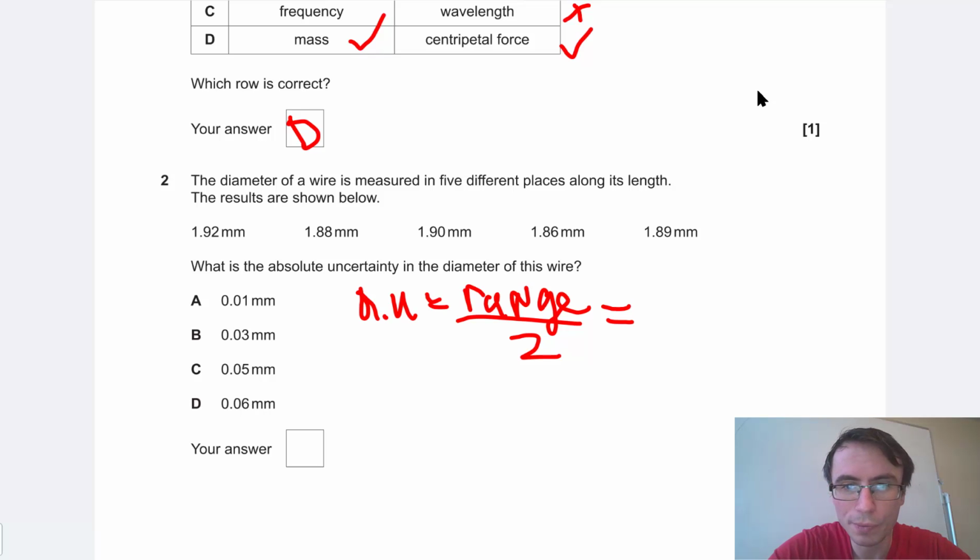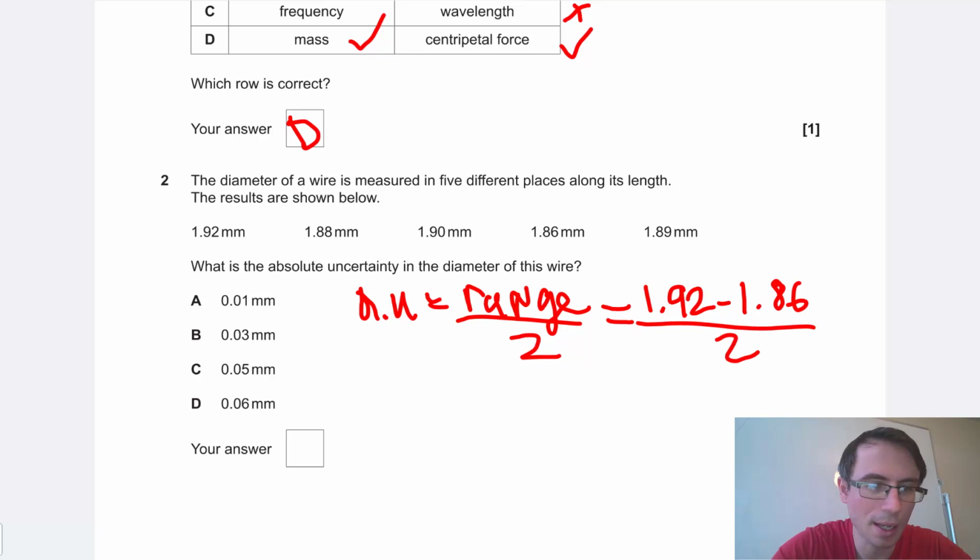Now my largest value seems to be 1.92 millimeters. Then the smallest one seems to be 1.86, and then we're just going to divide that by 2 like so, and we should get 0.03 millimeters. Correct answer is B.